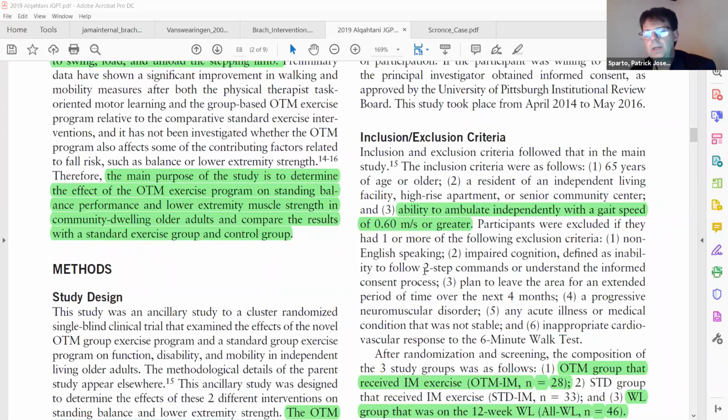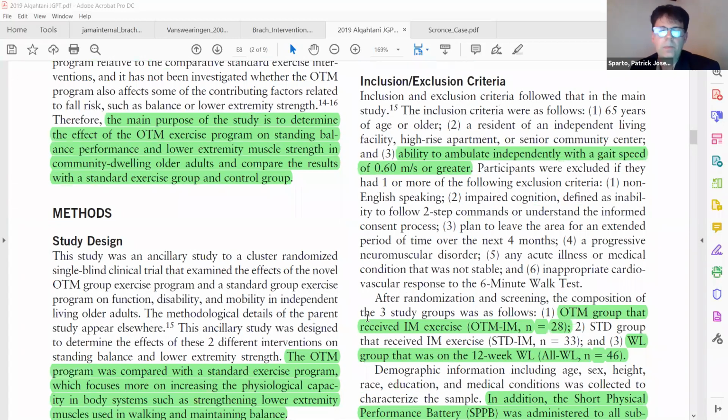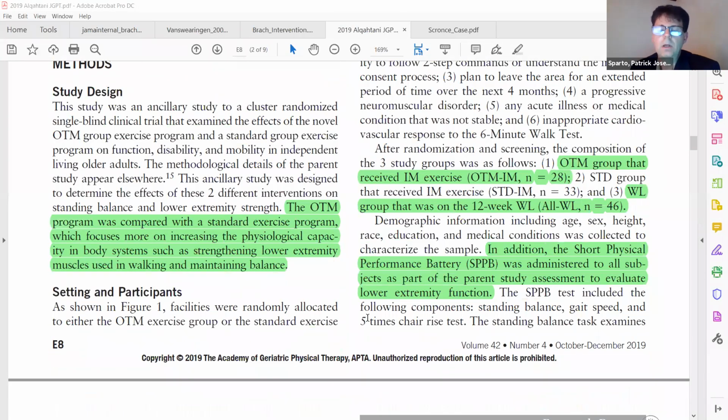So, you know, that's considered sort of a threshold from where they would expect that change could occur. In terms of exclusion criteria, if they were non-English speaking and would not be able to provide consent. Also, if they had impaired cognition, if they had a plan on leaving the area or had a degenerative neuromuscular condition. So with that, a total of 3 groups were formed.